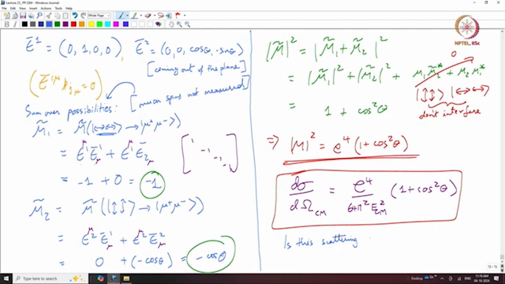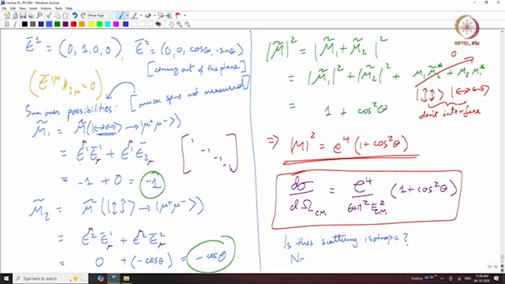This E plus E minus, do you think is isotropic? What does isotropic mean? It favors all directions equally, right? Is that true here though?